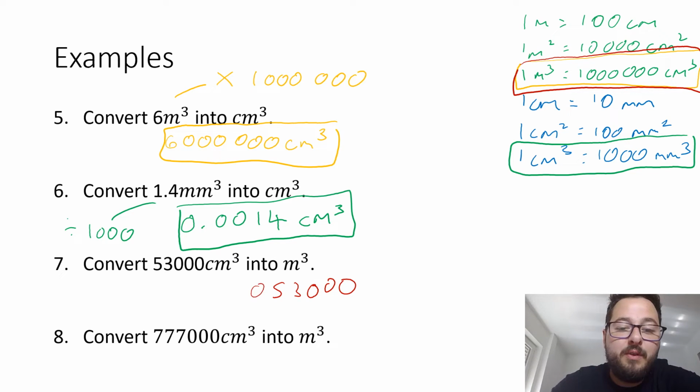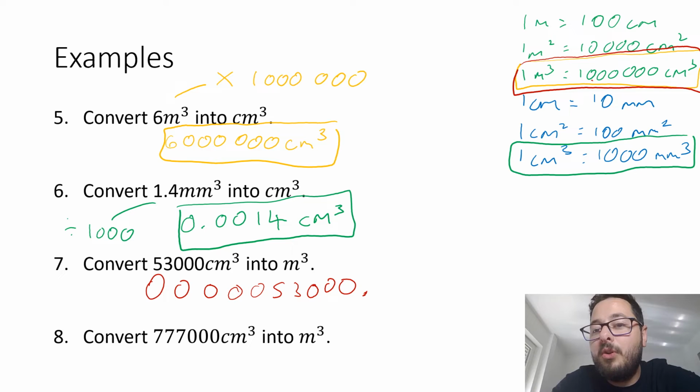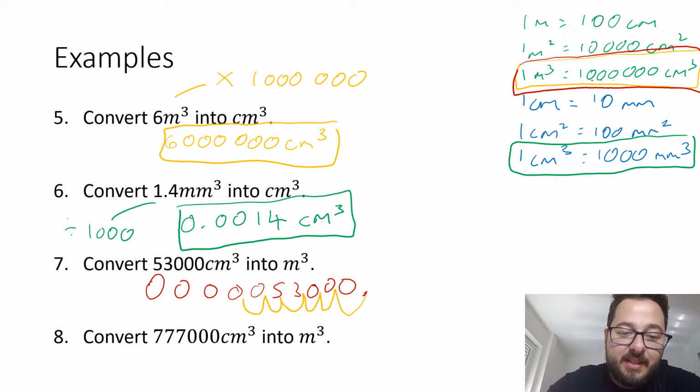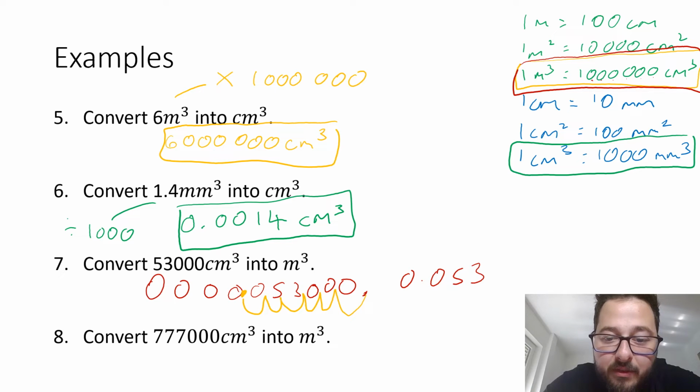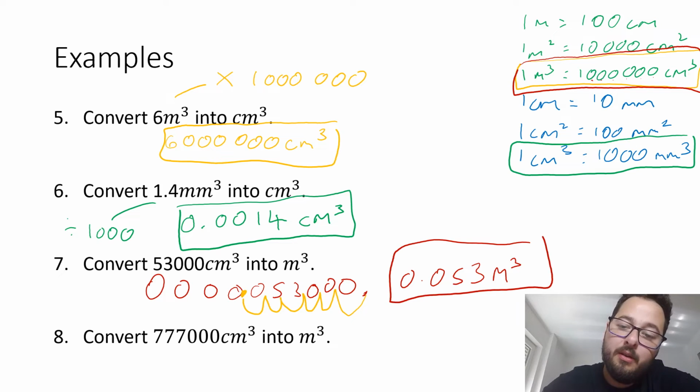So let's just put in a few dummy zeros there. Our decimal point there, divided by 1,000,000, that's got 1, 2, 3, 4, 5, 6 zeros. So we want to move this 6 places. 1, 2, 3, 4, 5, 6. So our answer then is going to be 0.053 meters cubed. Okay, no need to put in the zeros at the end.